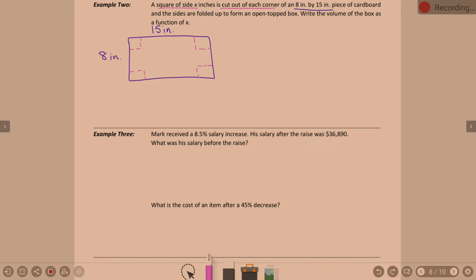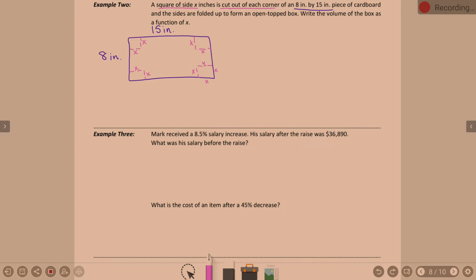Yes? Pardon my squares that are not all the same. Each square has side length x. So each square is x by x. Yes? So you cut those corners out, they're gone. Then you can take the flaps and fold it up to make a box.